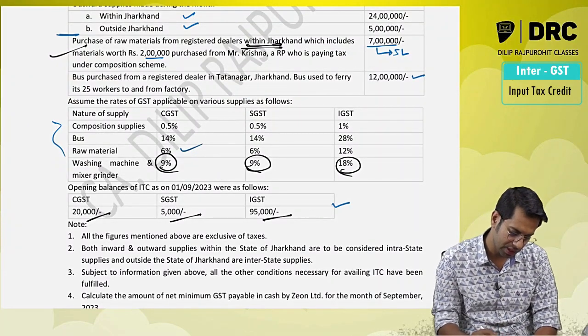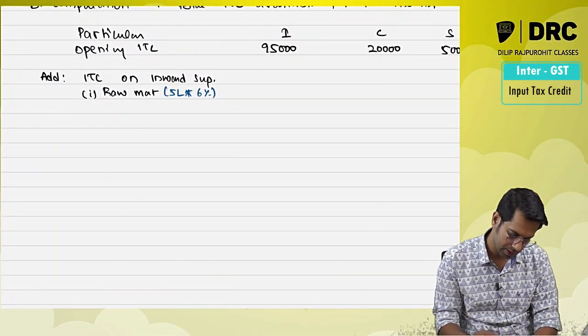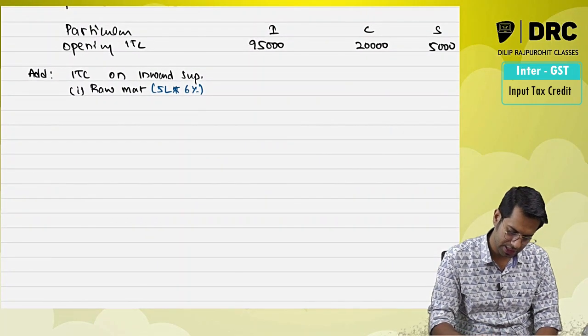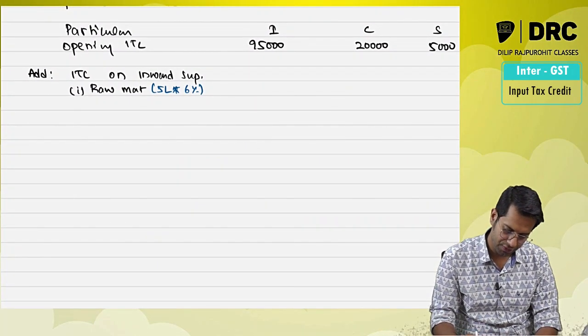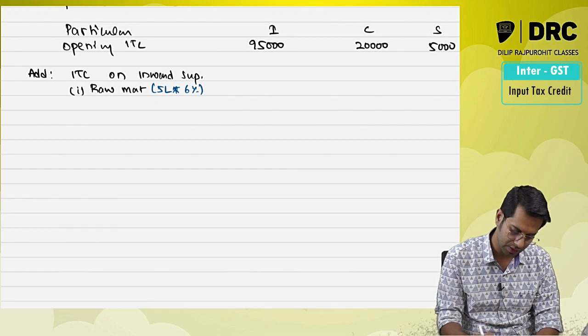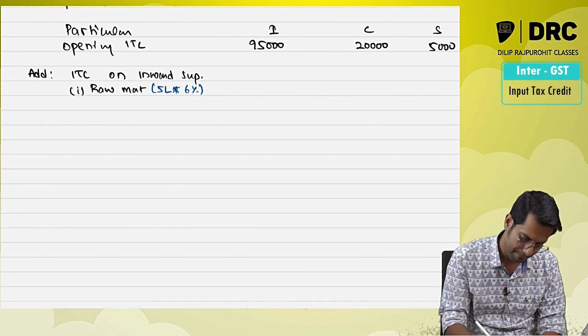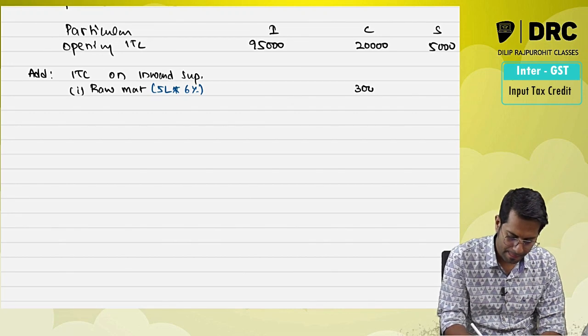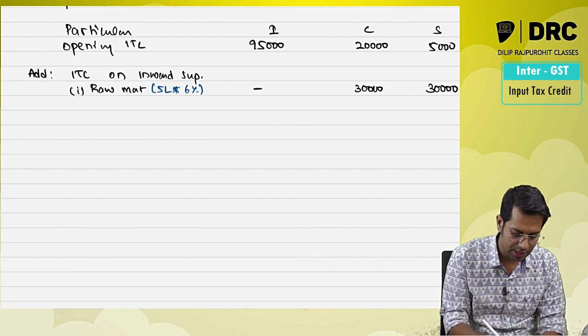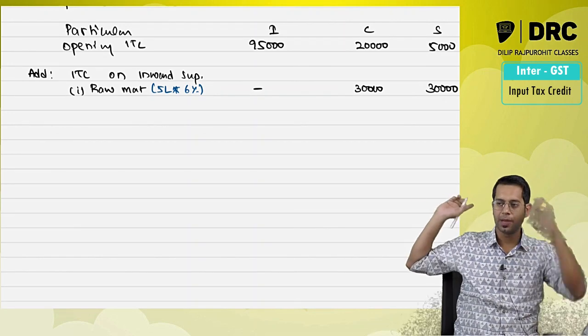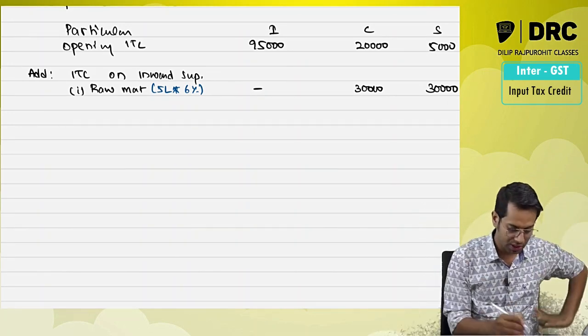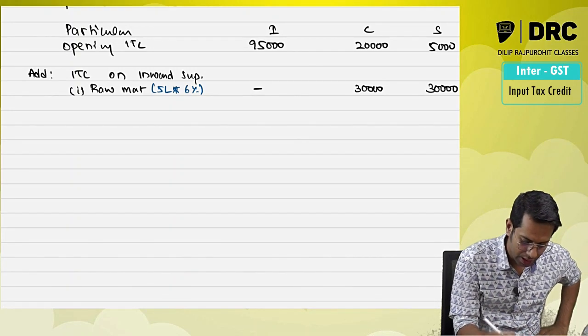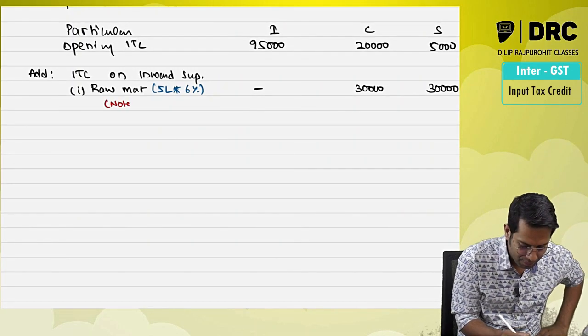Yeah, within Jharkhand, so it is 6% CGST, SGST. 5 lakhs into 6%, 30,000. 30,000 CGST and 30,000 SGST. Please make sure that you show this computation, 5 lakhs into 6%. This computation is compulsory to be shown, and also write a note.